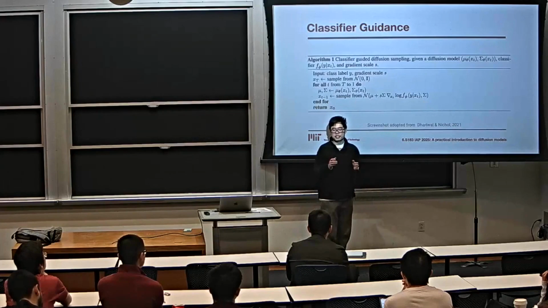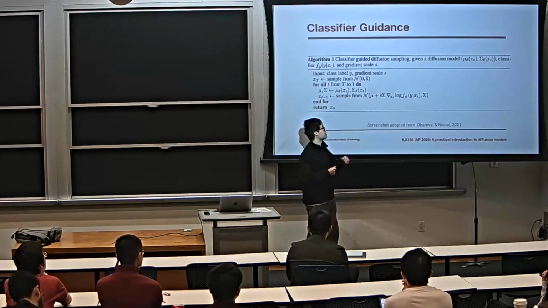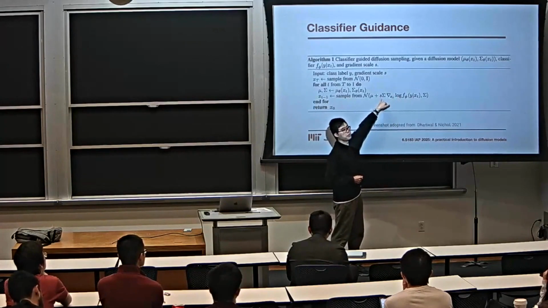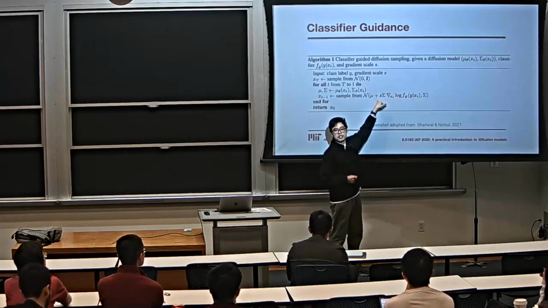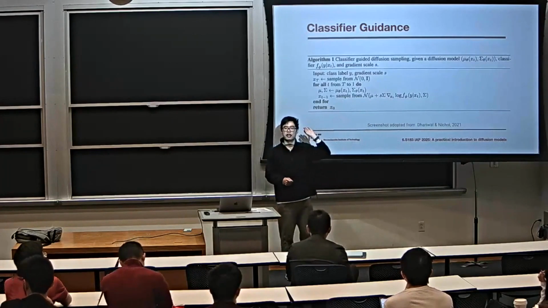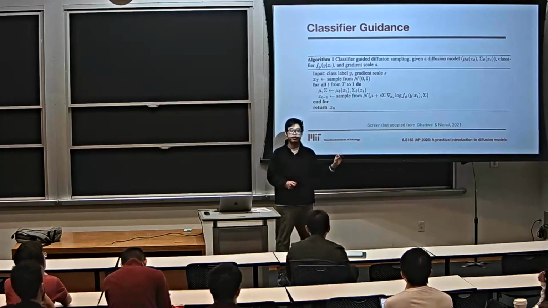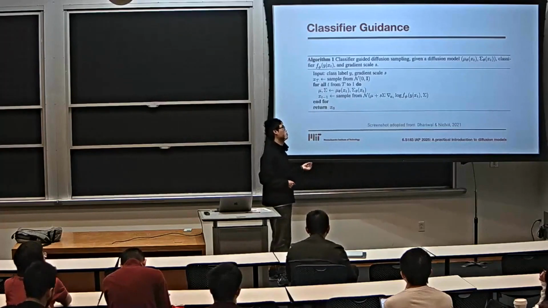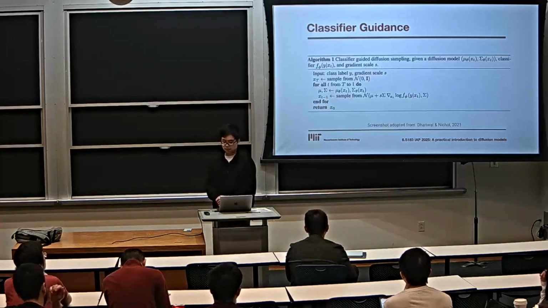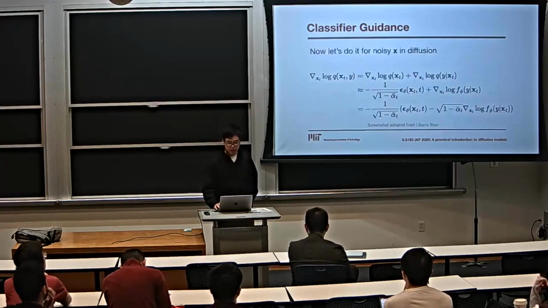But with a classifier, you take the gradient through the classifier, multiply it by the guidance strength, and add it to the mean. So it's making some modification to x such that at test time, you bias the sampling towards a conditional distribution.